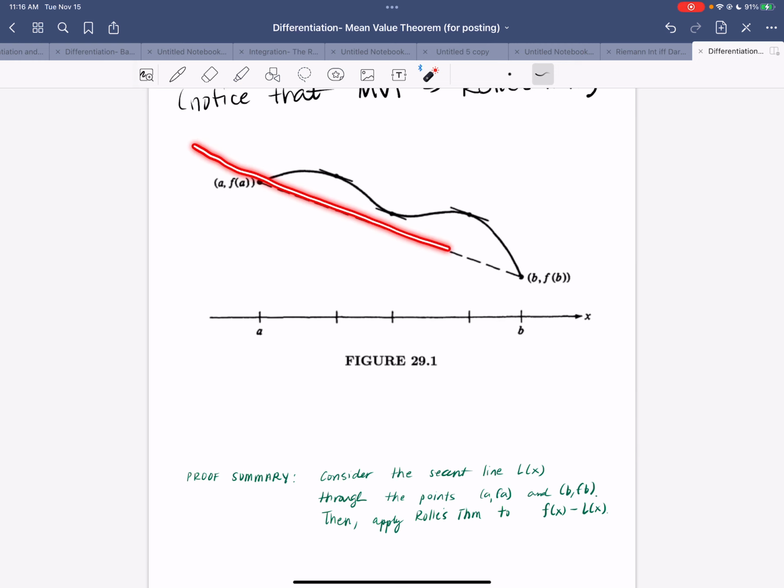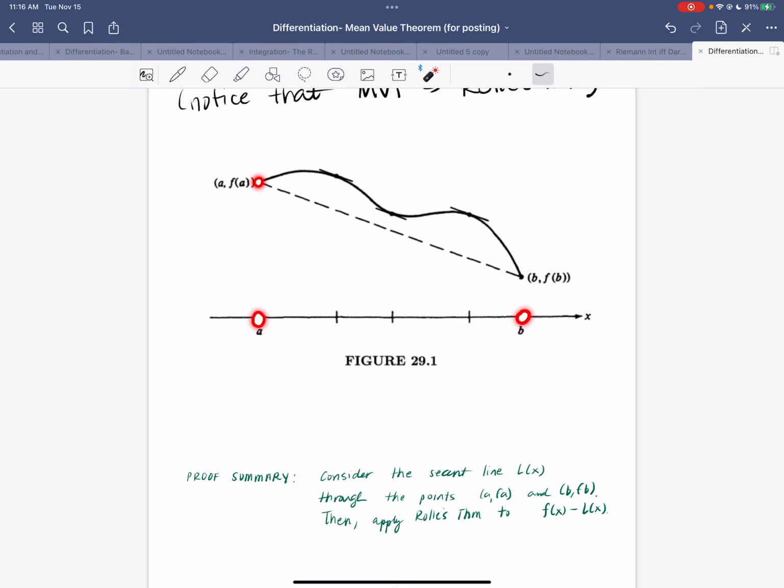So the summary of the proof is: first, consider that secant line, and then apply Rolle's theorem to the function minus the secant line. Because if we're looking at the function minus the secant line, we're looking at this difference, and the difference will be 0 at a and 0 at b.